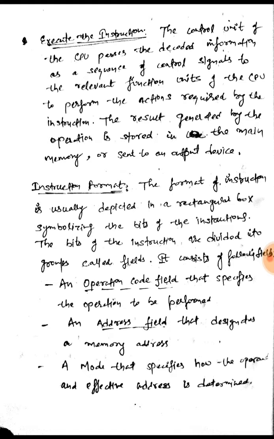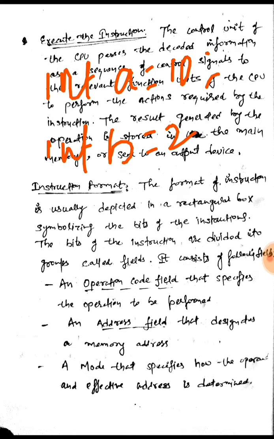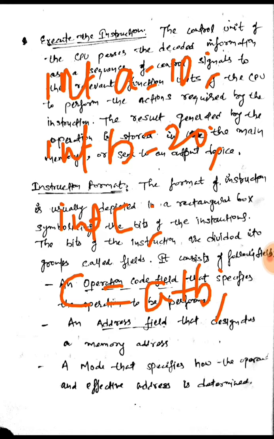So what we are doing, let's say if I am having a C program that is int a is equal to 10 and int b is equal to 20, int c, and in c I am taking the value a plus b, and then I will print c.